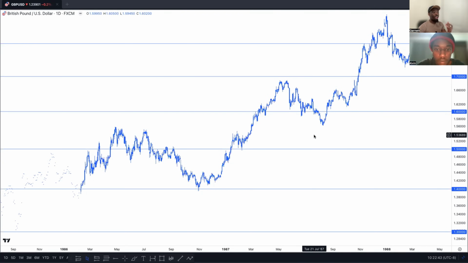I don't like this because it's difficult for me to see the price action between it. It's difficult for me to read this movement, but I want to read that movement between the levels. So I'm going to use 5,000 pips between the levels.